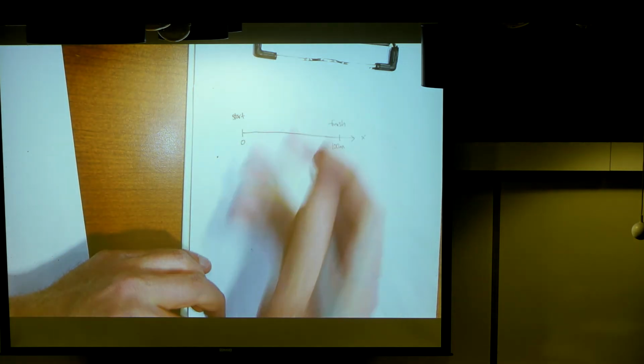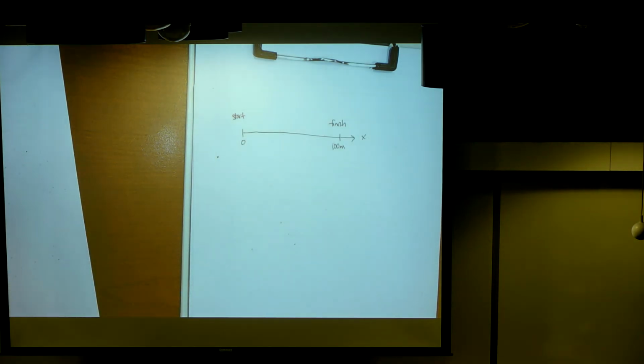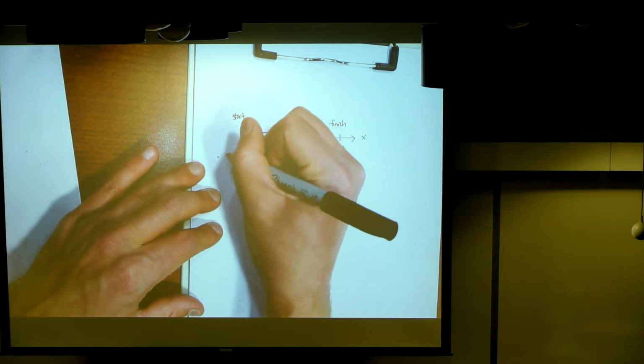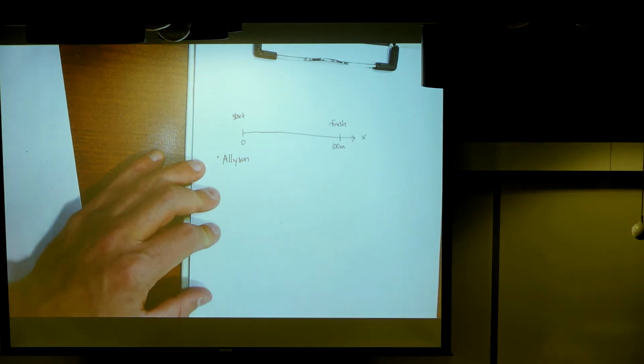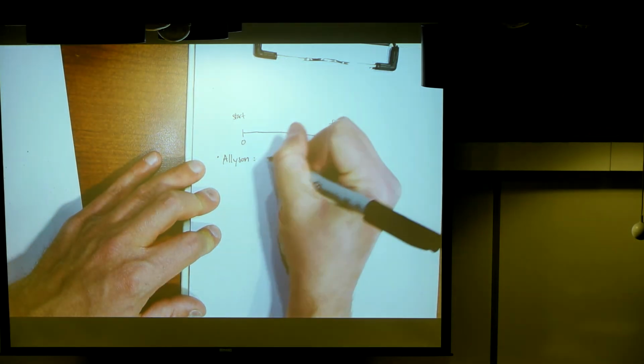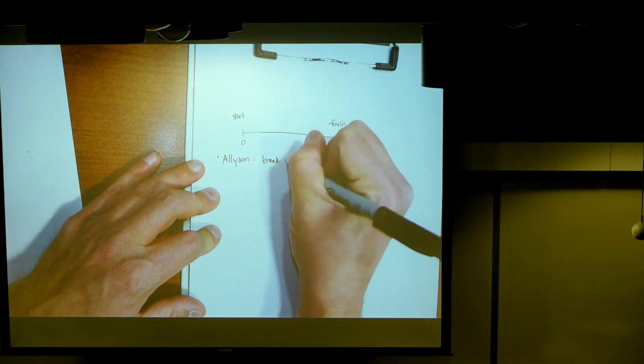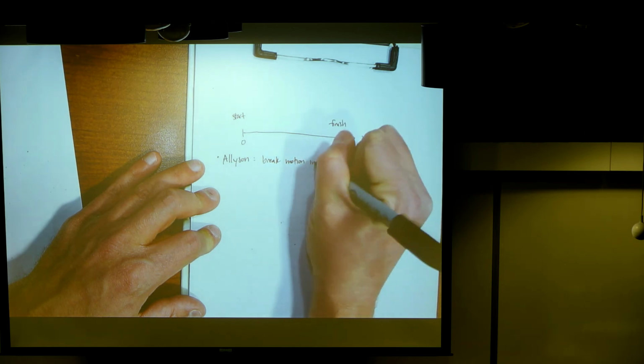So we have to do two separate calculations. Let's start with Allison. For Allison, we're going to break the motion into two parts.